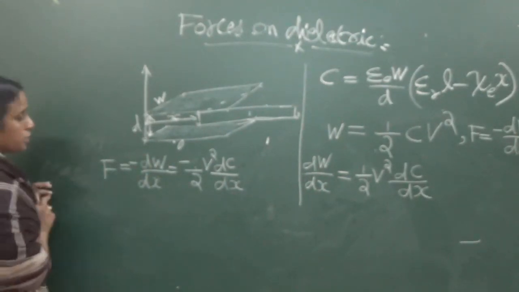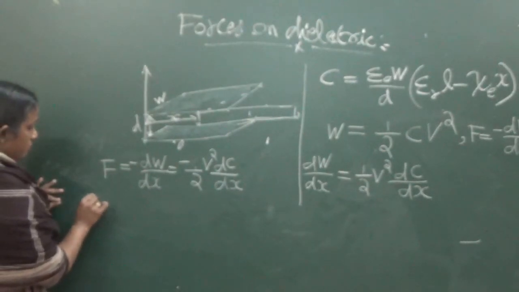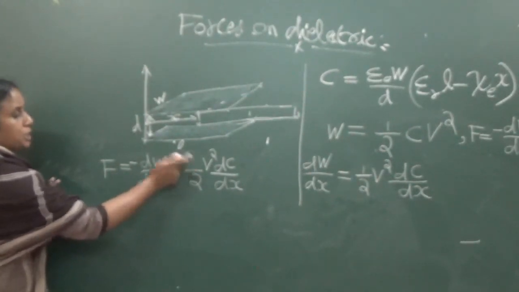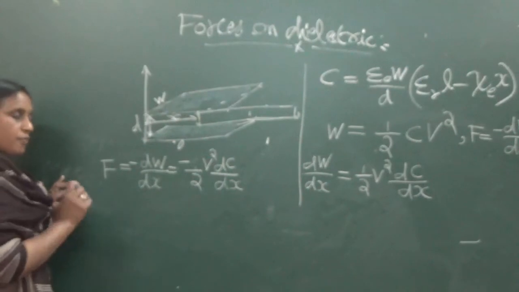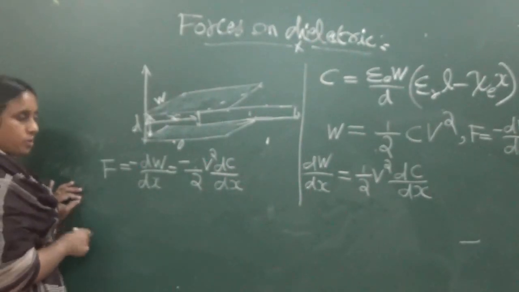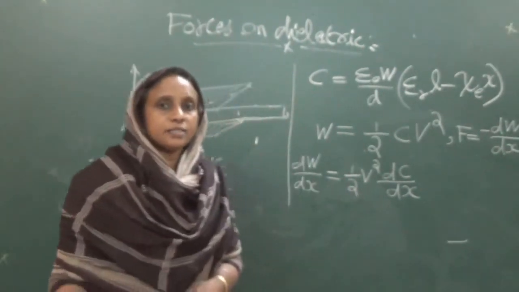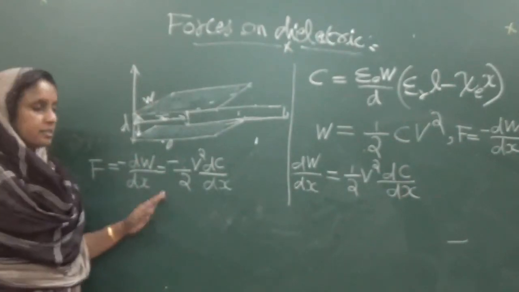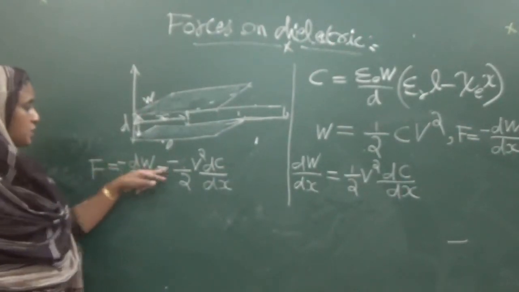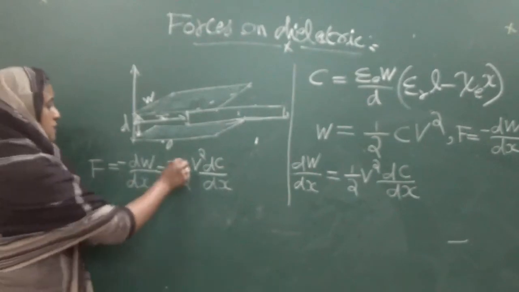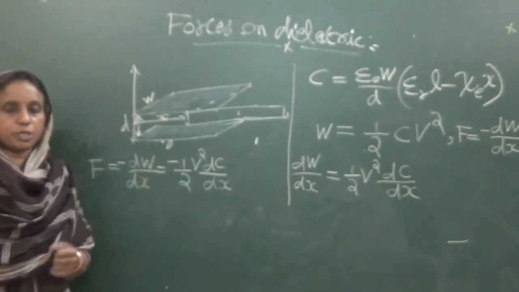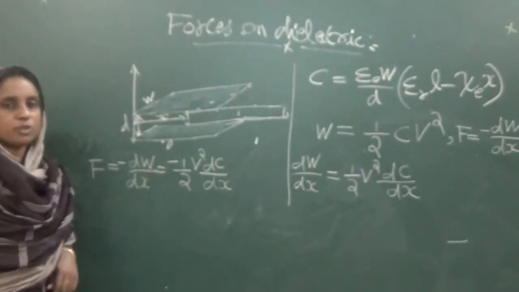This error occurs because of the work done. In order to maintain the potential constant, we have to use a battery. In this expression we obtain the electric force with an opposite sign to what we already obtained. There is some problem with this sign.